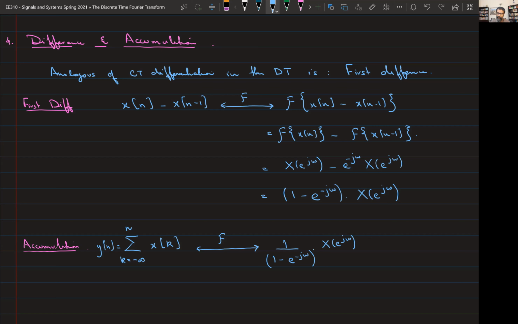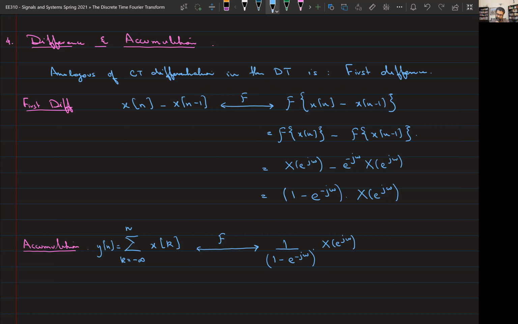That should be clear enough, because accumulation is the inverse of first difference. So instead of multiplying by 1 minus e raised to minus j omega, there should be division by 1 minus e raised to minus j omega.